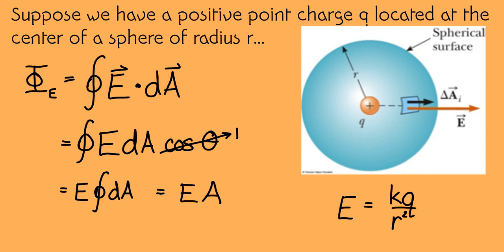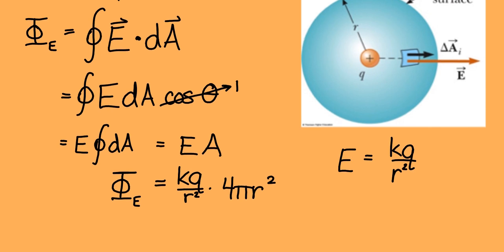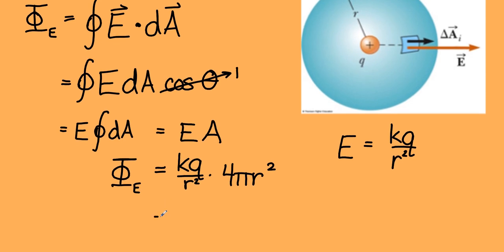So let's plug in our expression for E as well as the expression for the surface area of a sphere. So we have kq over r squared for E. And the surface area of a sphere is 4 pi r squared. So my electric flux is equal to this expression. Now, we can do a little bit more algebra to simplify this.